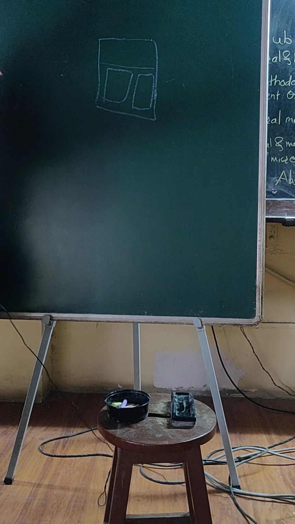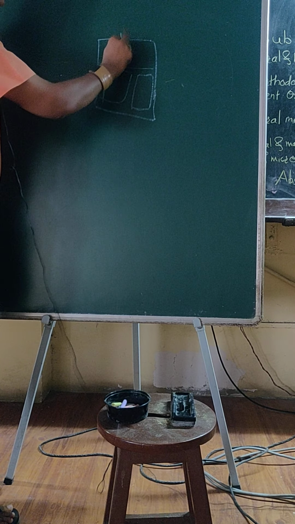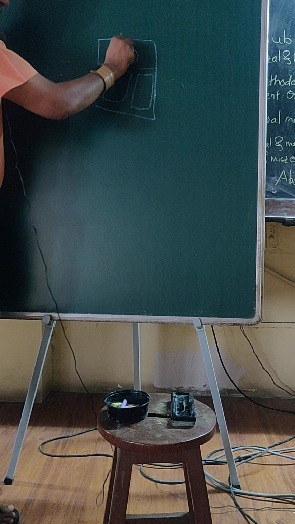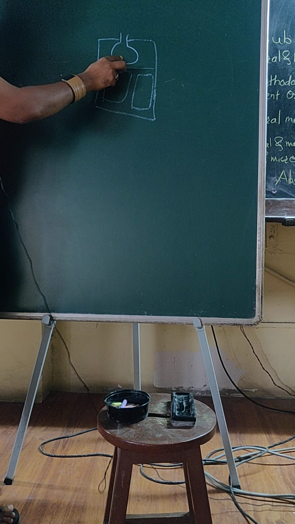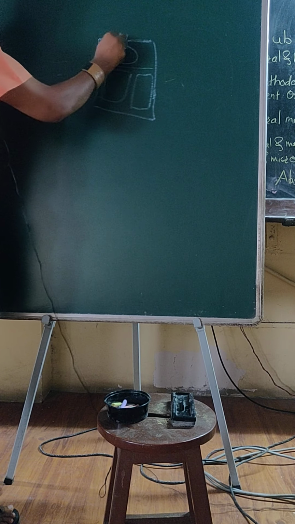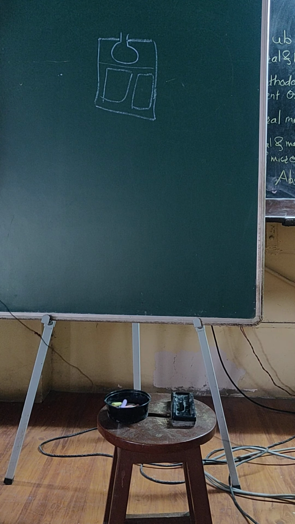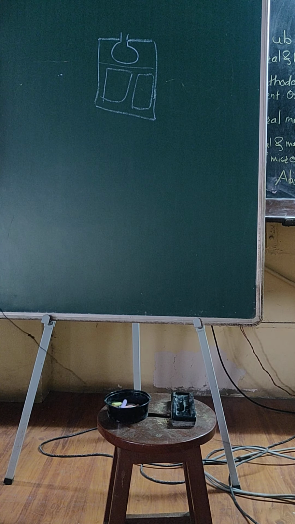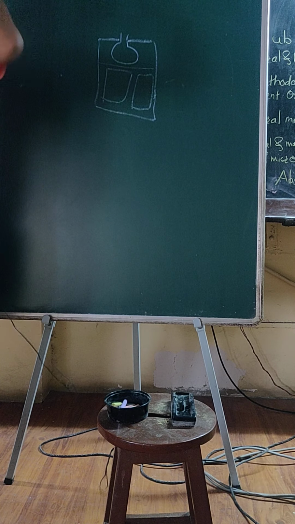It's exactly in the midline. So this is the sella turcica. What is this? Pituitary gland. So what is this? Diaphragma sellae. Okay, I have taken a coronal section like this.